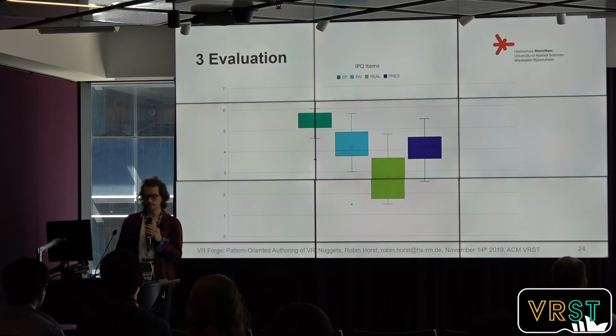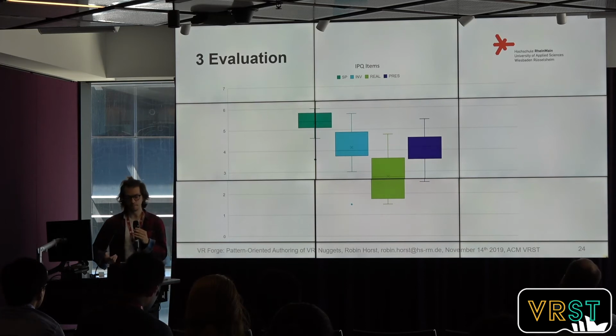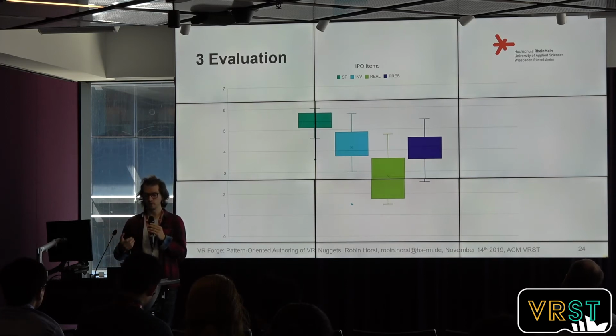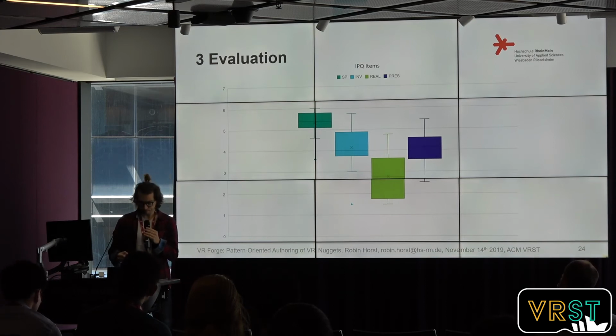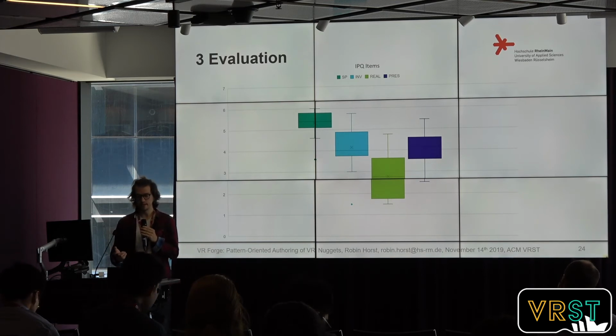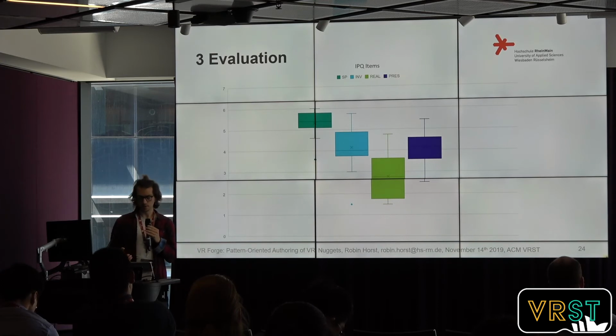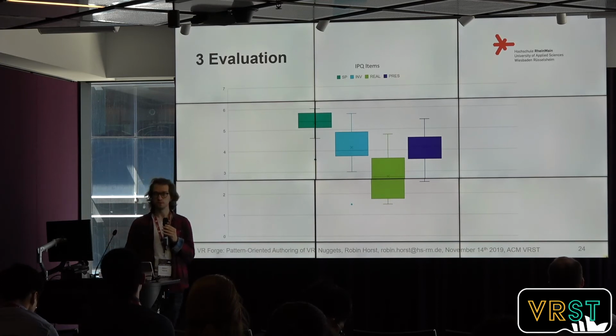We can see that except experienced realism, all medians are above the neutral value of 3. For the overall experience, we conducted an additional Wilcoxon signed-rank test against this hypothetical median of 3, which could show a significant difference, which is quite good.